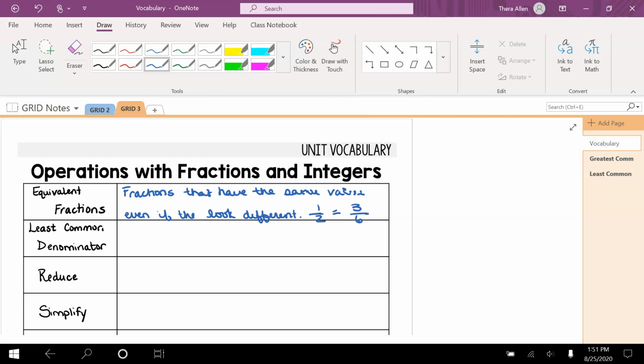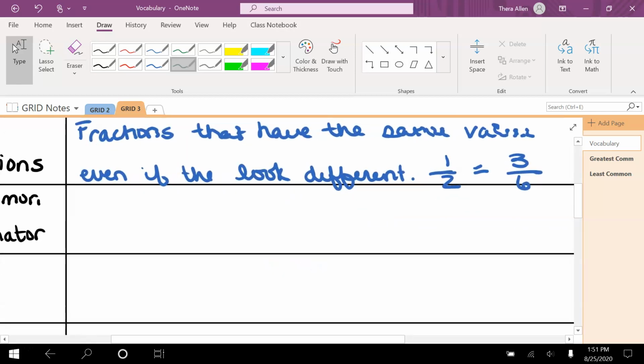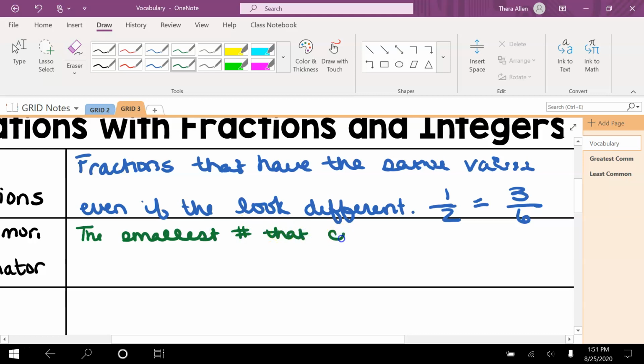Now, a least common denominator is the smallest number that can be used for all denominators. So the smallest number that can be used for all denominators of 2 or more fractions.